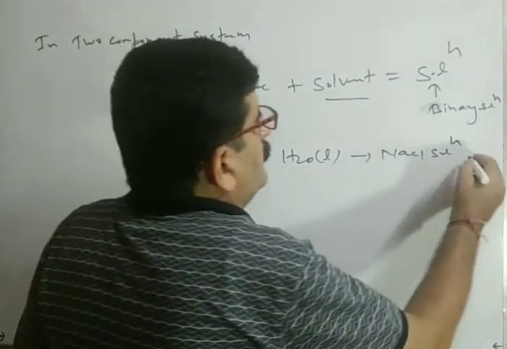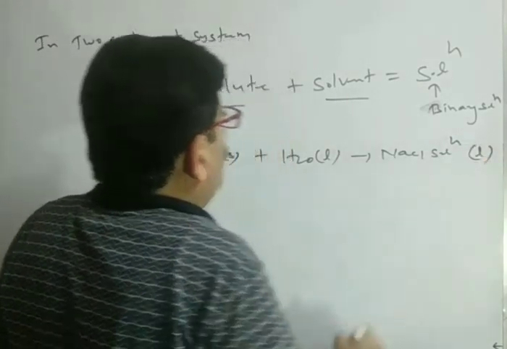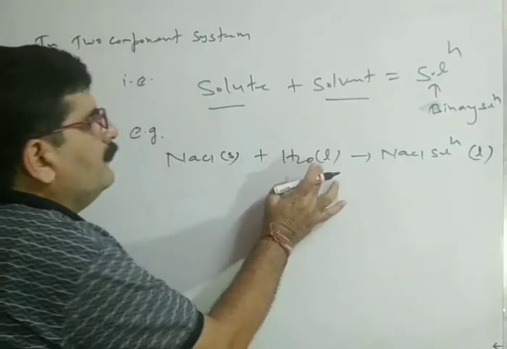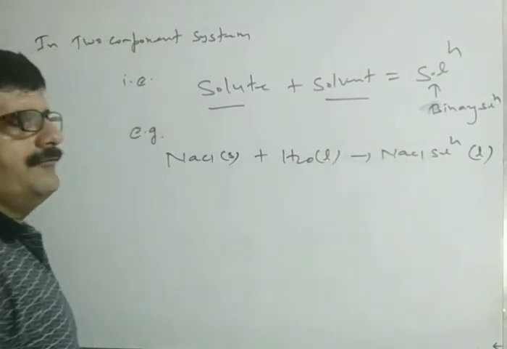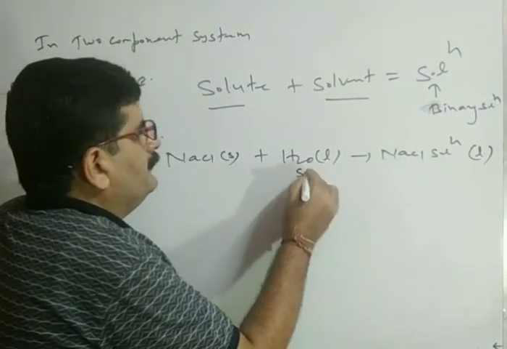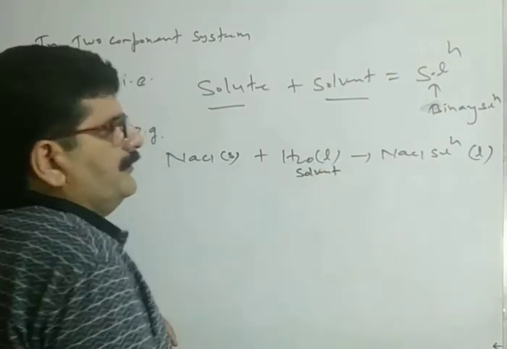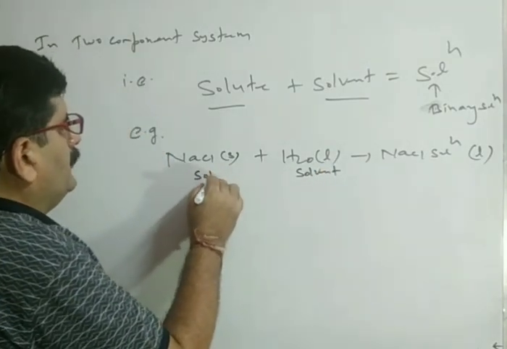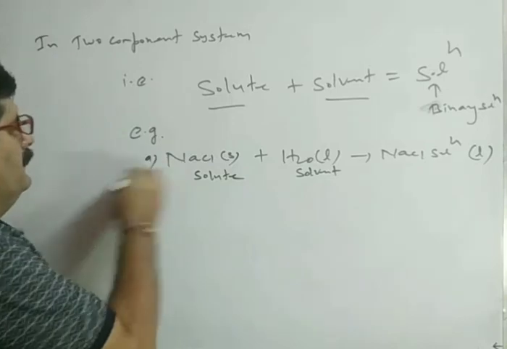The phase of NaCl solution is liquid. The component whose physical nature is similar to that of solution is called solvent, and the other part is called solute.